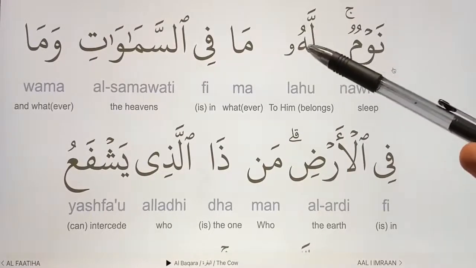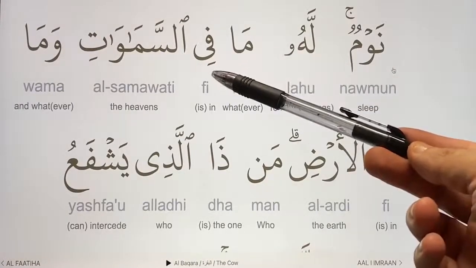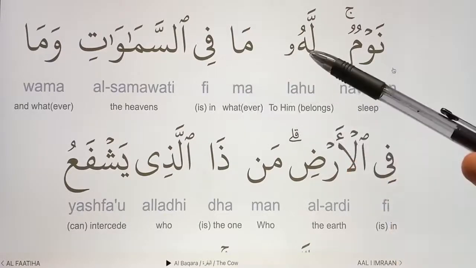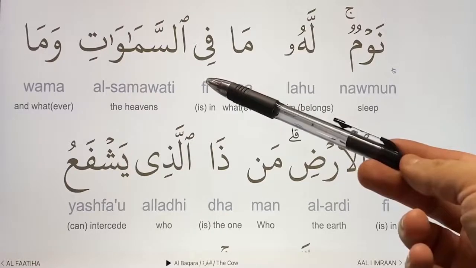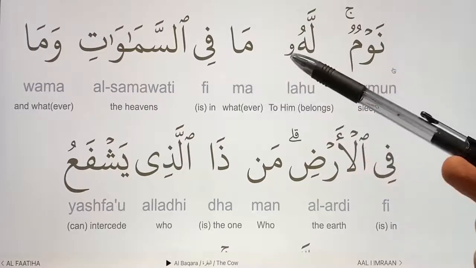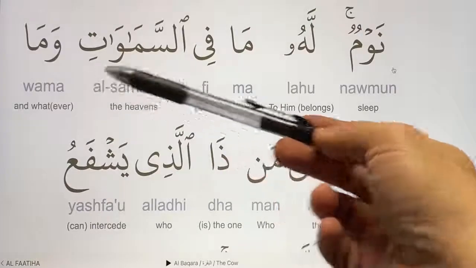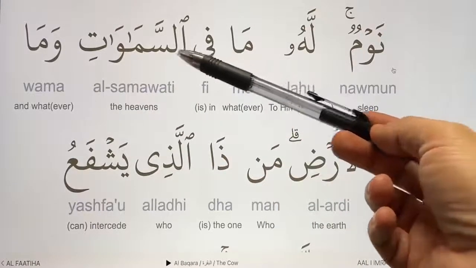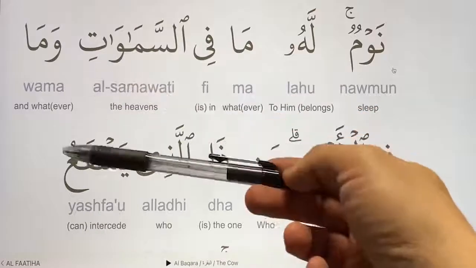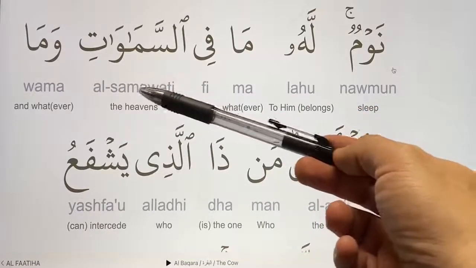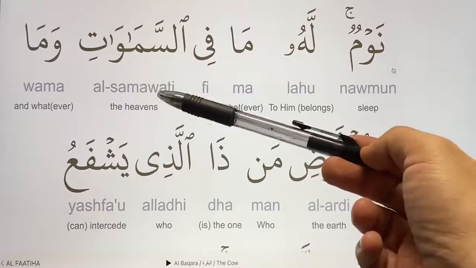Lahu ma fi samawati. Notice that's why English transliteration doesn't extend on these two A's. It should have.